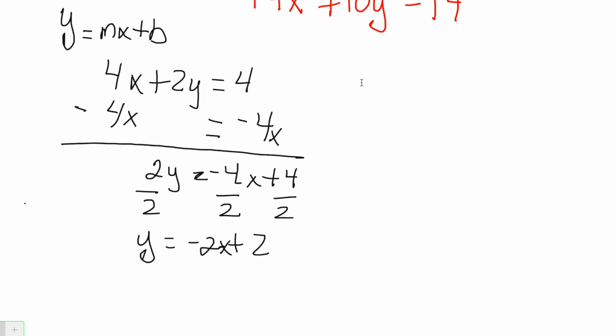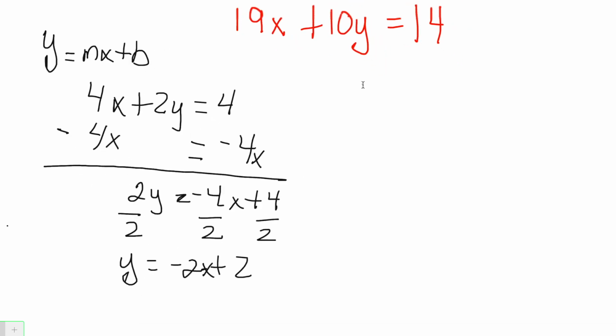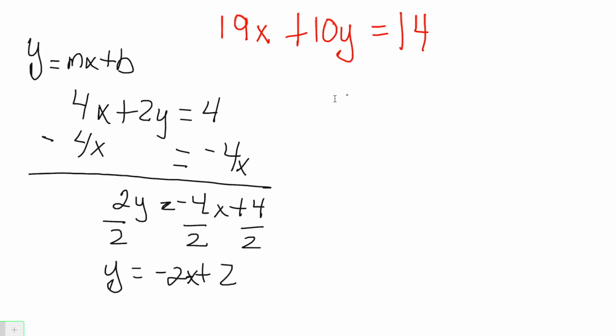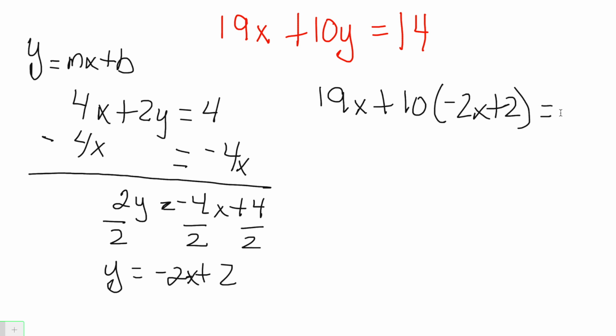So I'm going to plug this into the second equation. I have 19x plus 10 times my y, which is negative 2x plus 2. Close it, and I'm going to finish off. All I did was substitute this y for what y tells you that it is.